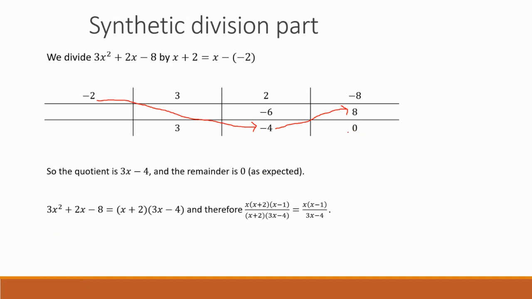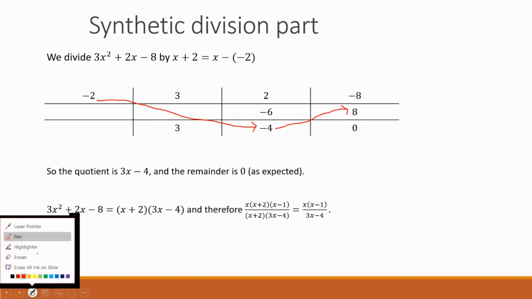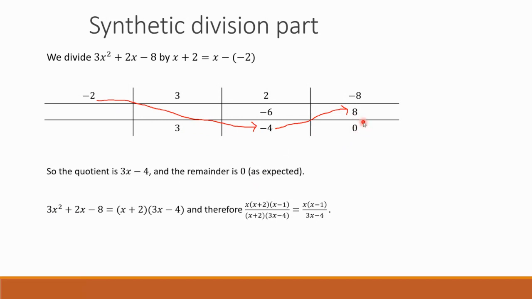And remember, in synthetic division, this last number is the remainder. These are the coefficients of the quotient, which is 1 degree less than the dividend. Well, the dividend here is degree 2, so the quotient is degree 1. So we get 3x minus 4. So this factor becomes this product.